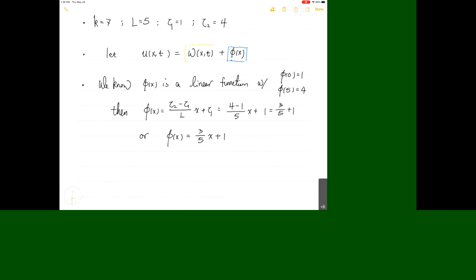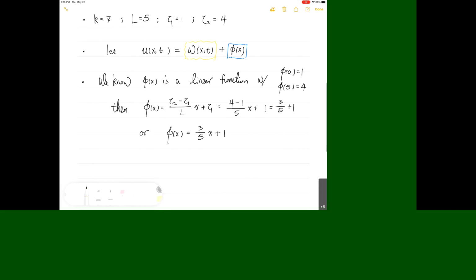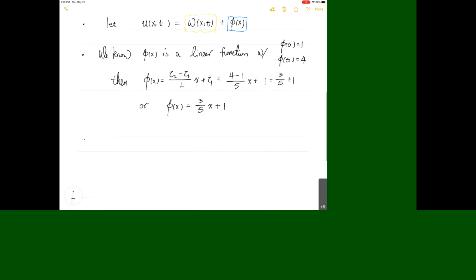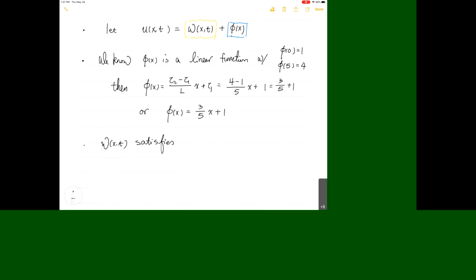So how are we going to find out the w? We know that w of x, t satisfies a heat equation. So what is the heat equation that w satisfies? We know that w_t equals 7 w_xx.